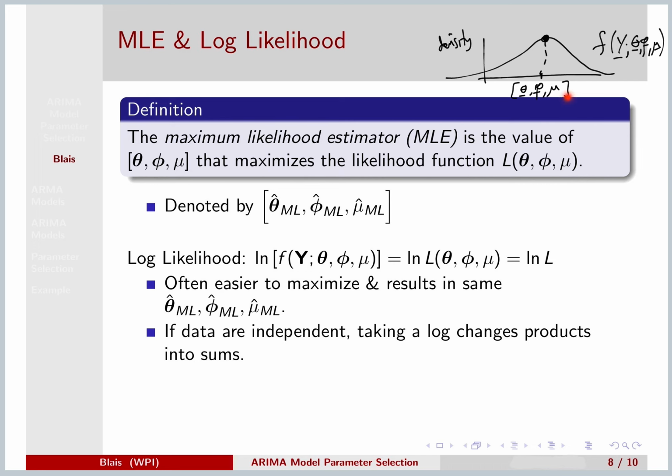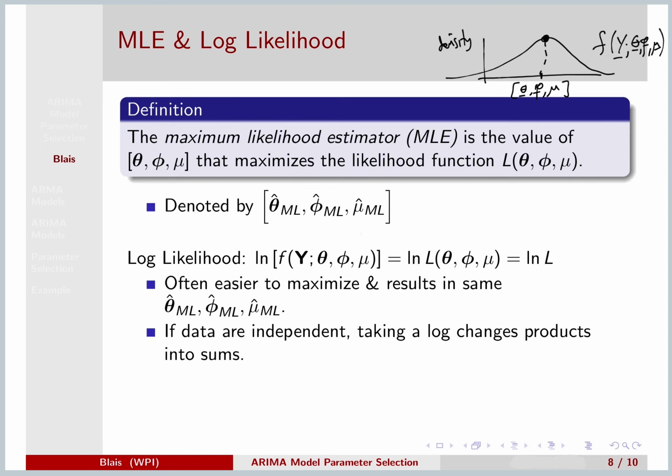And we want to move around these parameters to maximize the likelihood, or the value of the density function, when this y is plugged in. So the key thing to think of with maximum likelihood estimation is it's actually all of the parameters for that density that are in play, that are our independent variables. The set of parameters that maximizes that likelihood, we denote by putting hats over the variables to denote that they're estimators, and we put a subscript of ML for maximum likelihood.